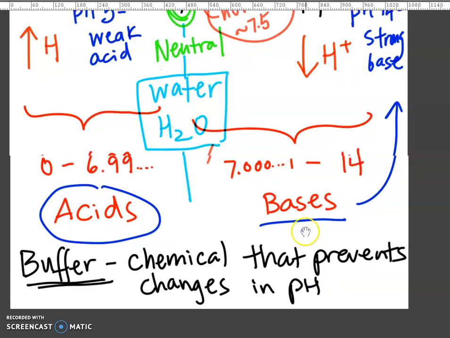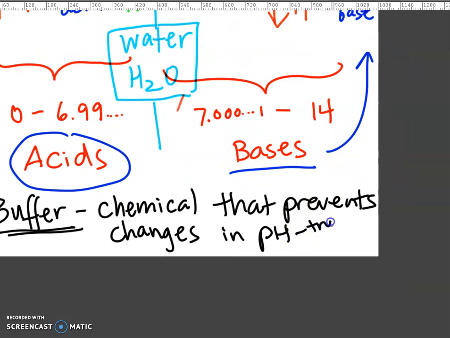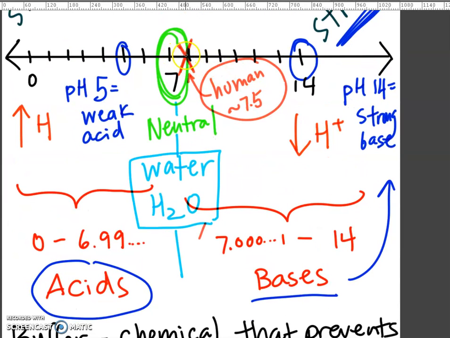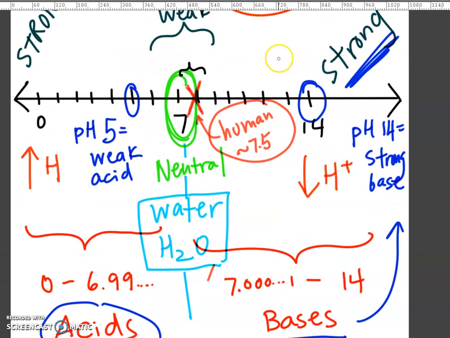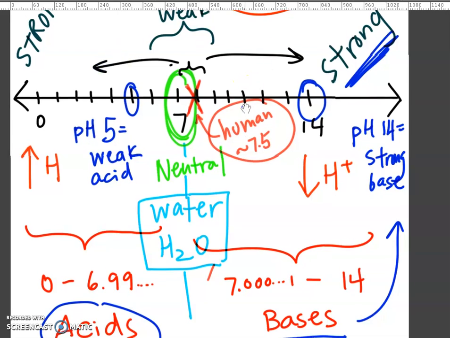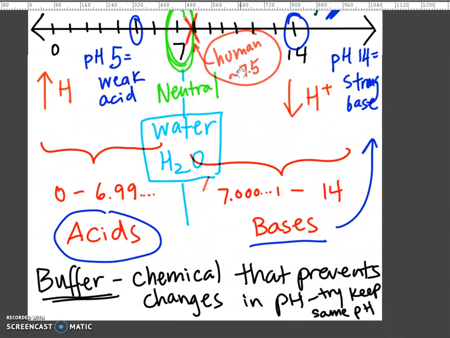It's trying to keep the same pH. So if we have something at 7.5, our buffer is going to keep us within this small range so we don't go way out onto the base side or way over in the acid side if we eat something poisonous, for example.